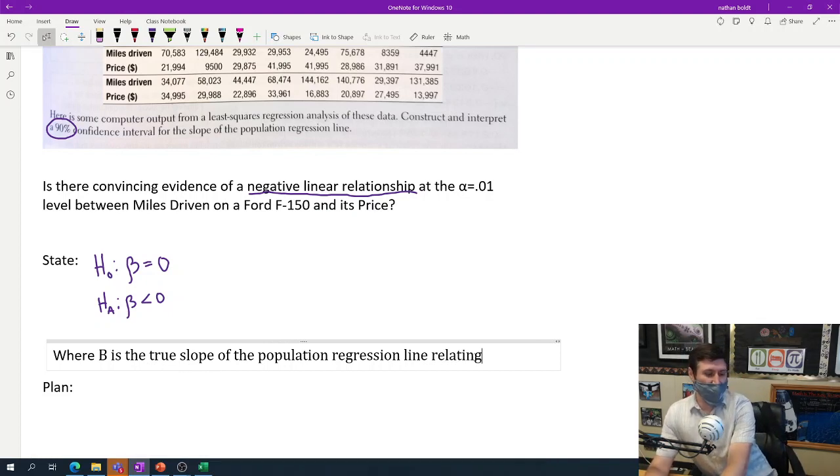The true slope of the population regression line relating the price of a Ford F-150 and the miles it has been driven.